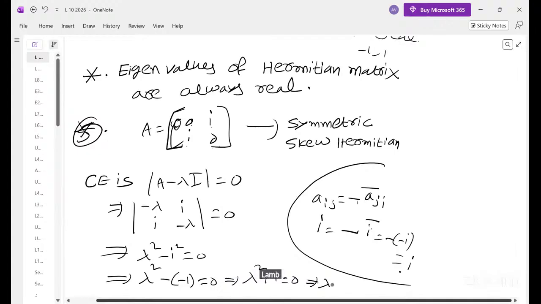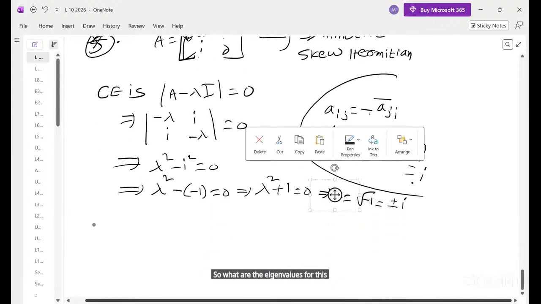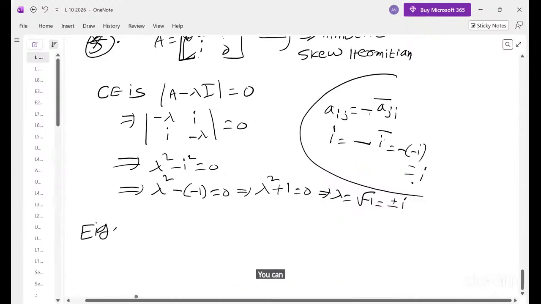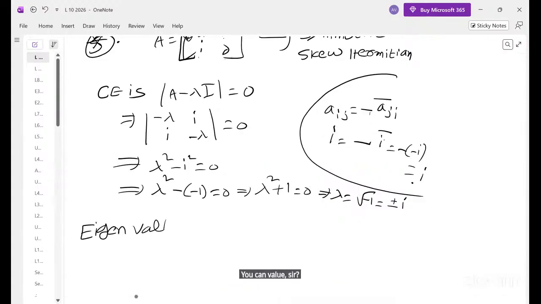Lambda square is minus 1, so lambda is root minus 1, which is plus or minus i. So what are the eigenvalues for this? Eigenvalues are i and minus i. This is symmetric, but eigenvalues are not real.